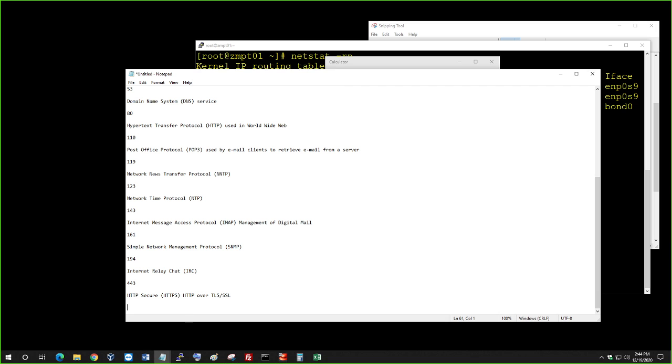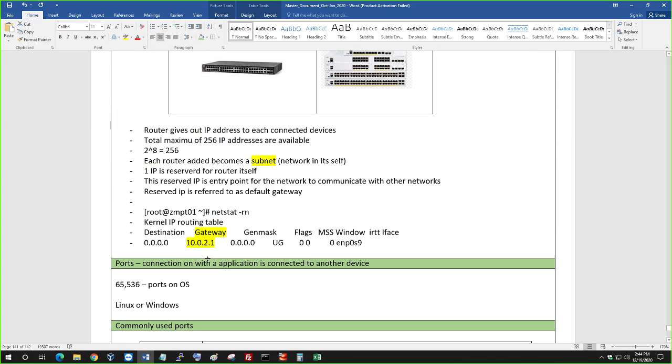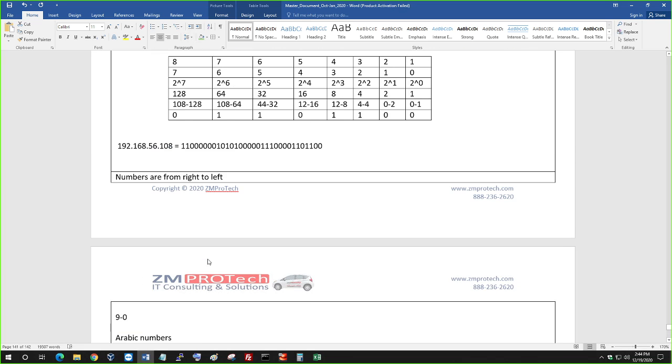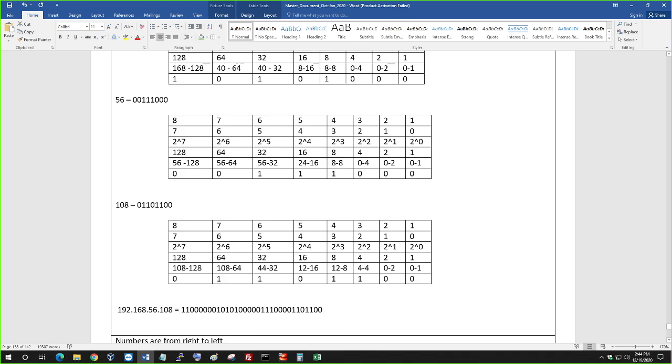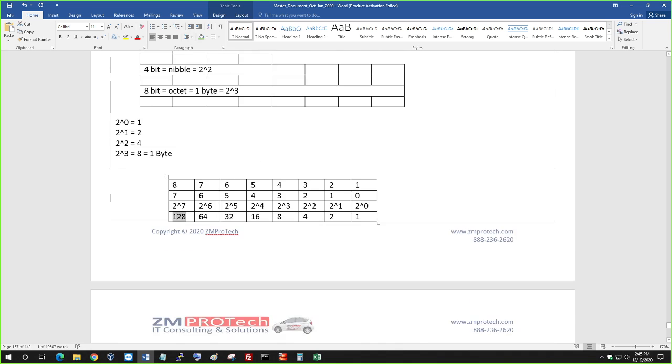So this is 1 followed by all zeros, so 128, right? If we go back to our formula, it starts from 128. If we have 1 in here without subtracting anything, this part automatically becomes 128.